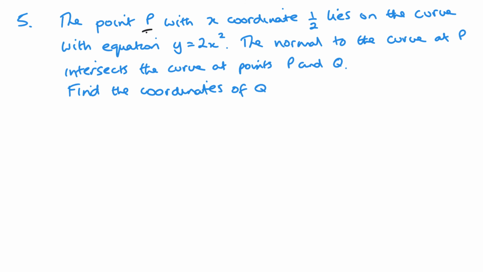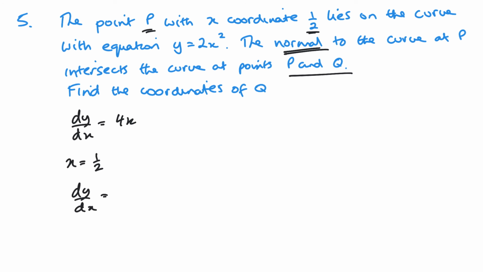So we know point P has x coordinate half, and it's a normal that is going through that P and Q. So let's start by finding the gradient of the curve, and that's going to be 4x. And when x equals a half, the gradient here is going to be 4 times a half, or 2.